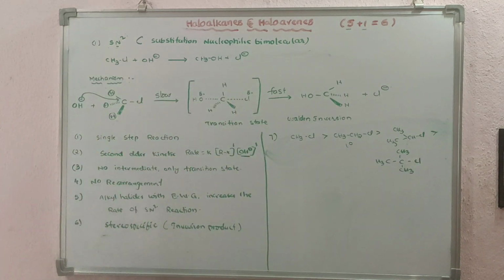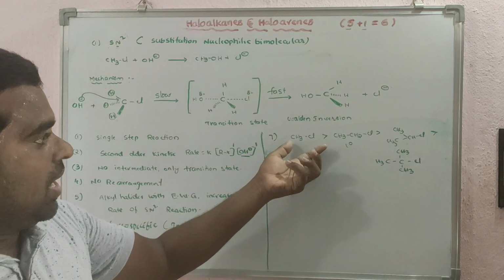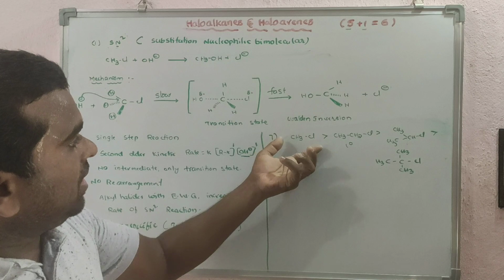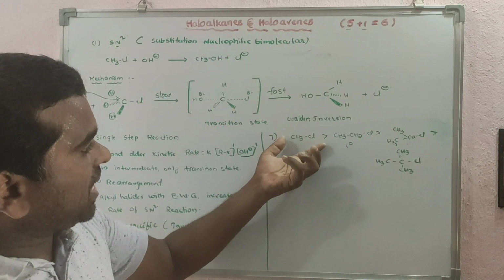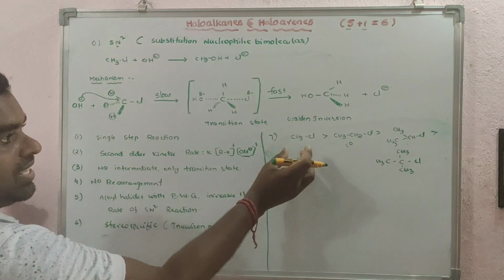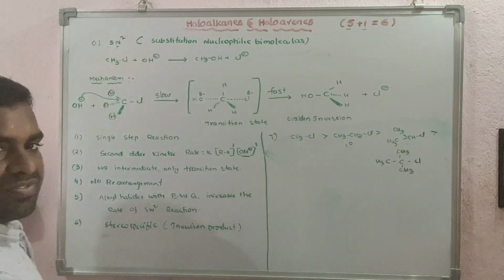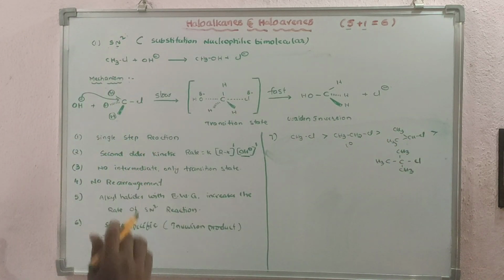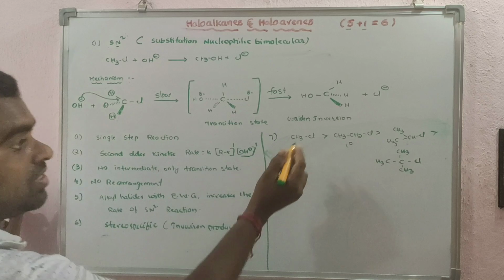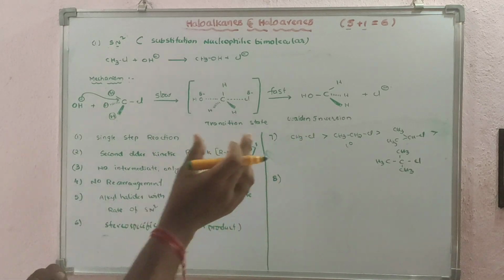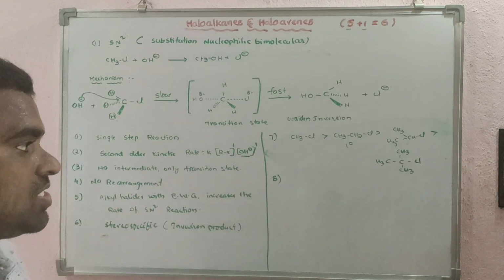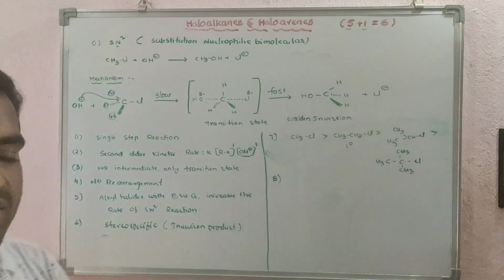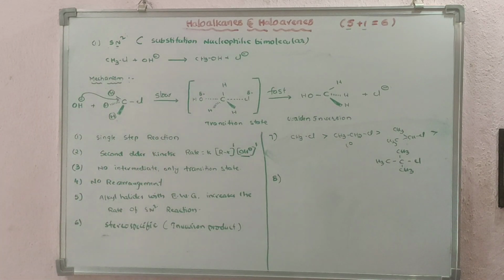This is the order of the rate of alkyl halides in the SN2 reaction. Clear? With methyl chloride, SN2 reaction is very, very fast. But in the tertiary alkyl halide, SN2 reaction will not be observed.